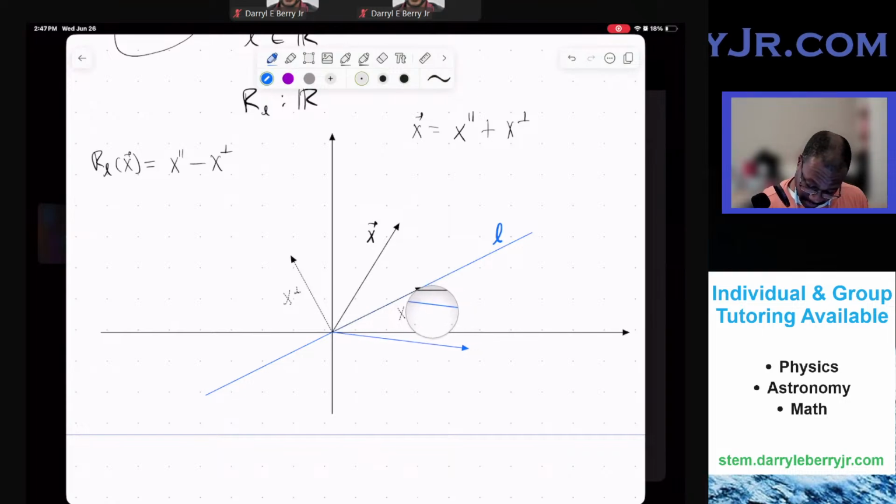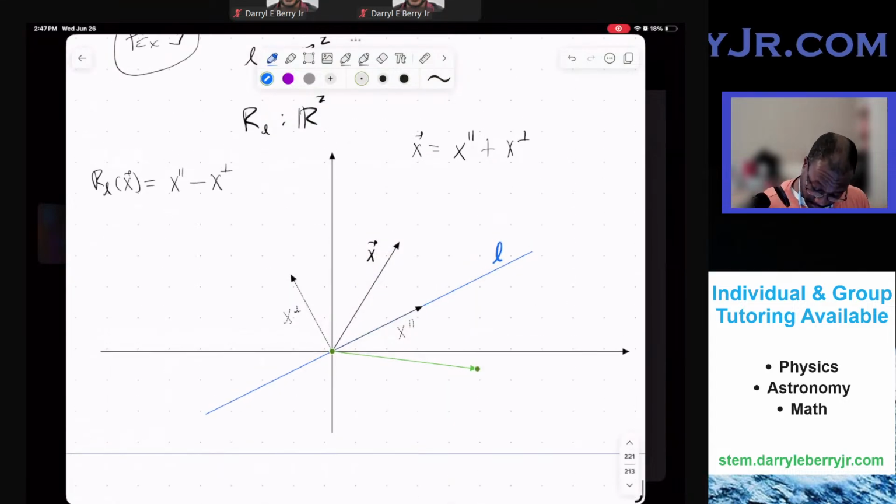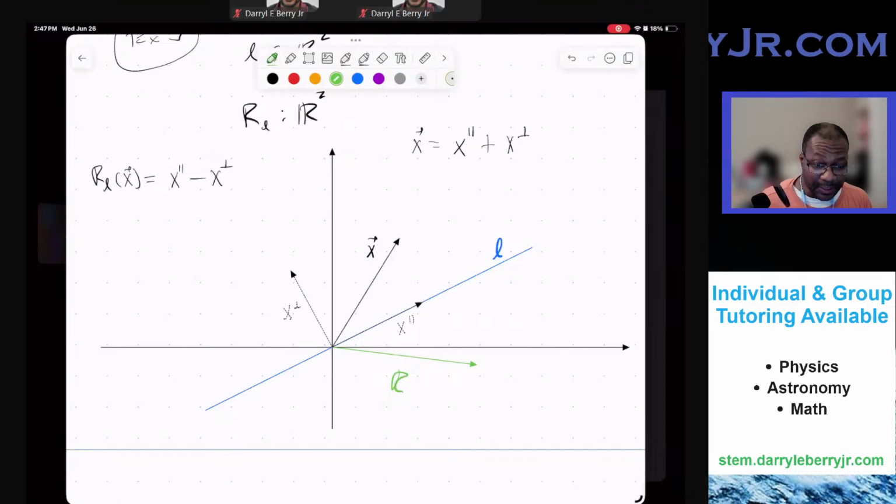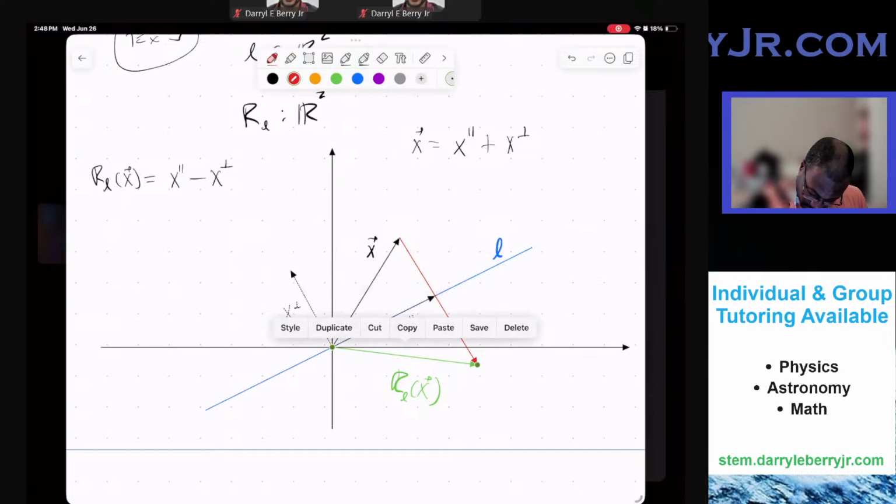It's a little bit past the midpoint. So this is the reflection about L of X. So what it's saying is this line here. I may have drawn it a bit too far, but it's not a big deal.